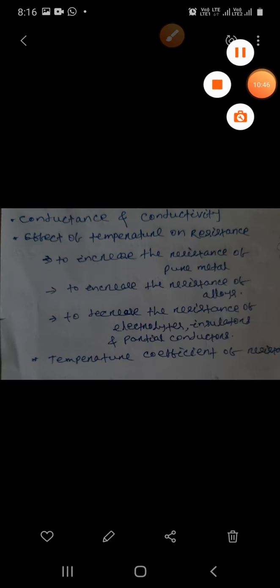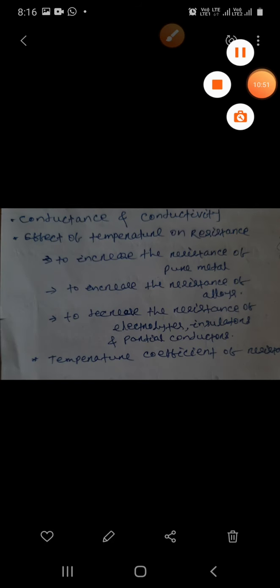Now we are going to talk about temperature coefficient of resistance. Our next topic is temperature coefficient of resistance. To understand it, let us take a metallic conductor which has resistance R0 at 0 degree centigrade.